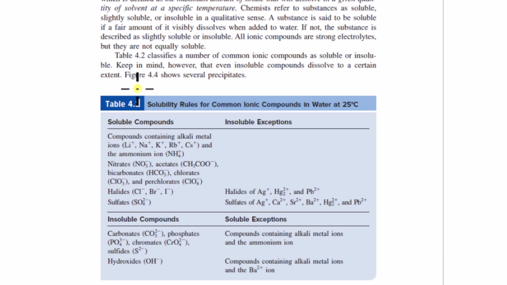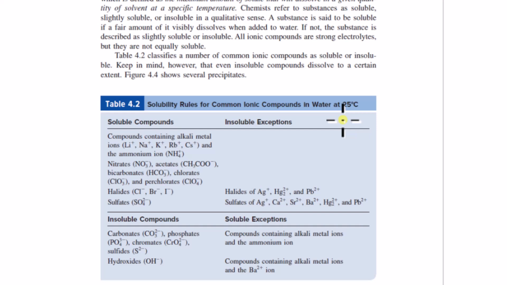But since it's insoluble, even if it dissolves to a small extent and produces a small amount of ions in the solution, it's too small an amount of ions to conduct electricity, so it's a non-electrolyte.